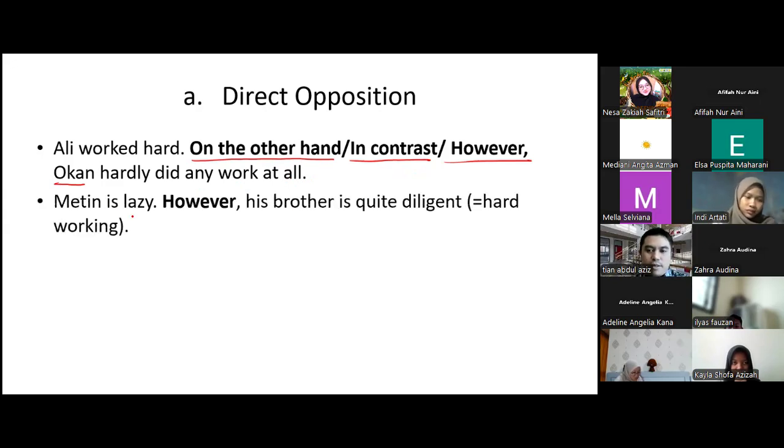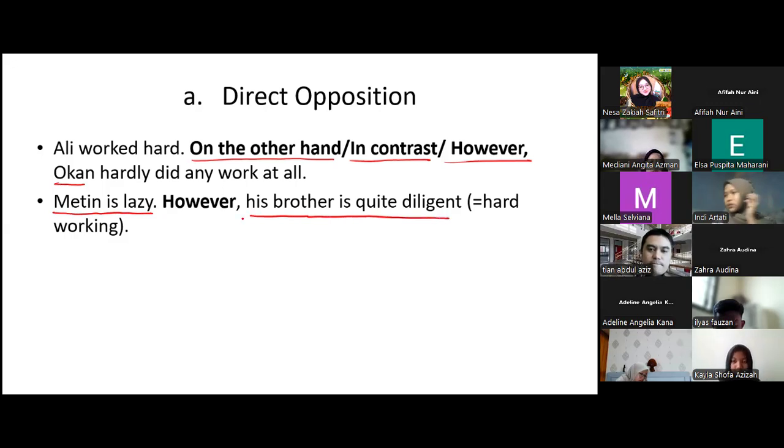Okay, next, Adeline. Martin is lazy. However, his brother is quite diligent, hardworking. Diligent is equal to hardworking. Again, we see that there are two different ideas. The first idea, Martin is lazy, and the second sentence, his brother is quite diligent.